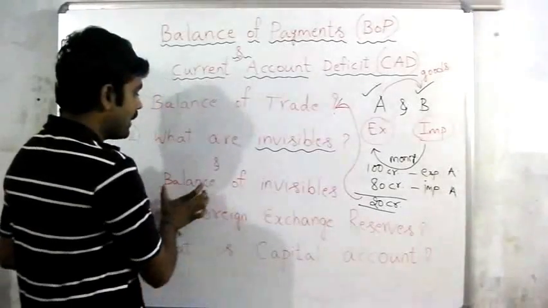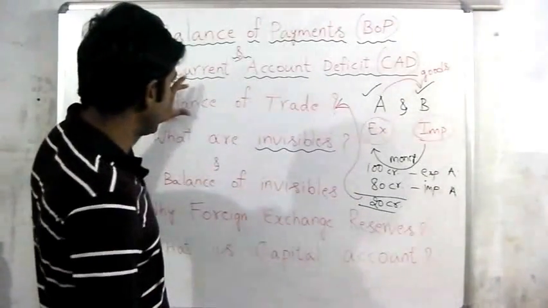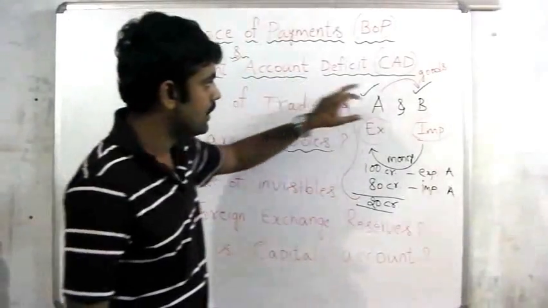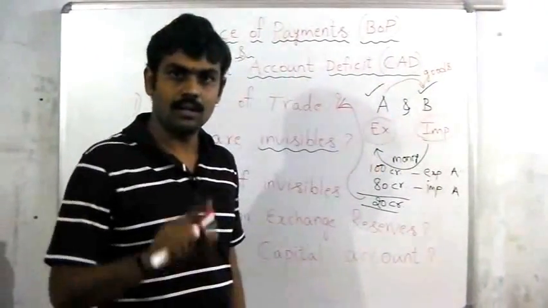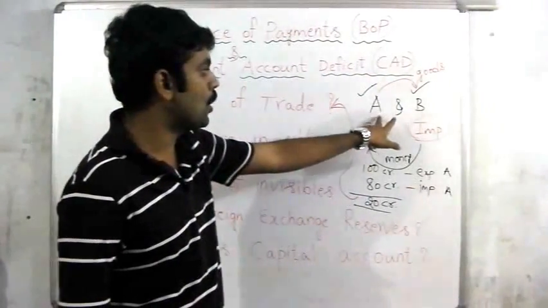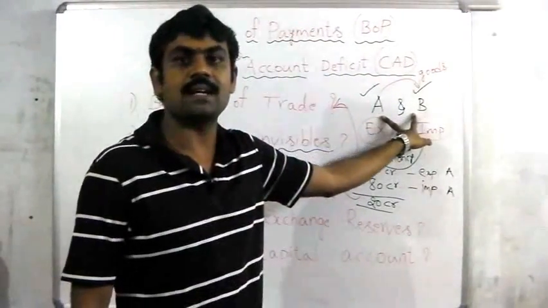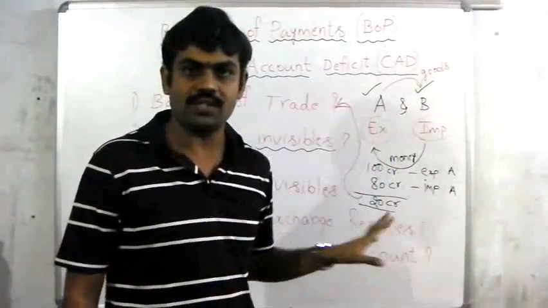Now, what is the meaning of balance of invisibles? I explained to you about the balance of trade with an example of goods. Let us forget about goods. Only let us think about export and import of services between the two countries A and B, or between India and USA.